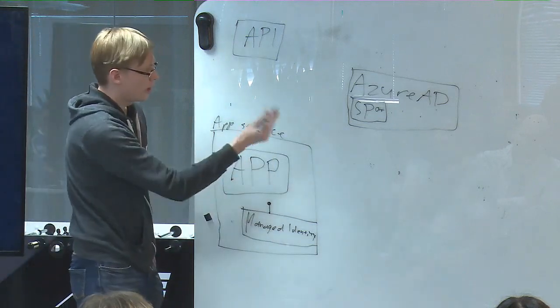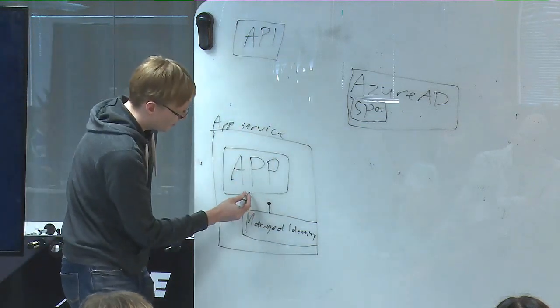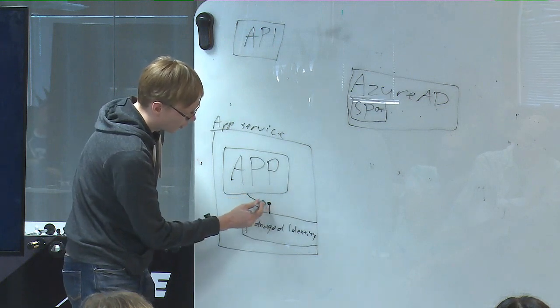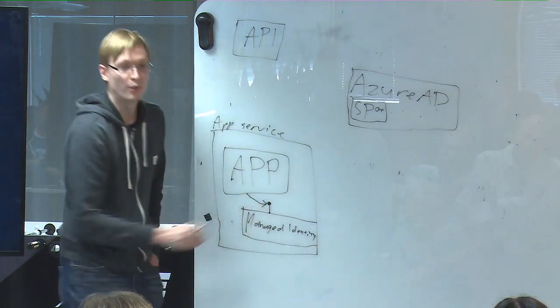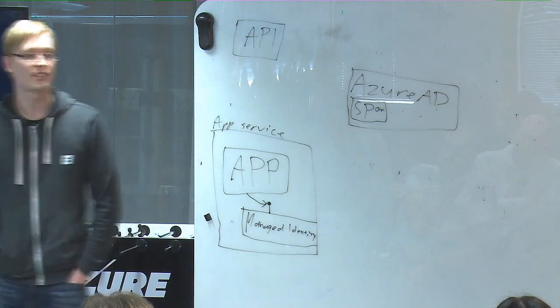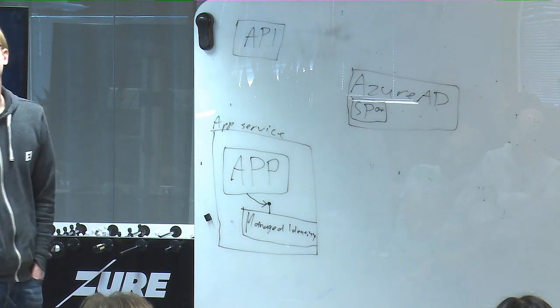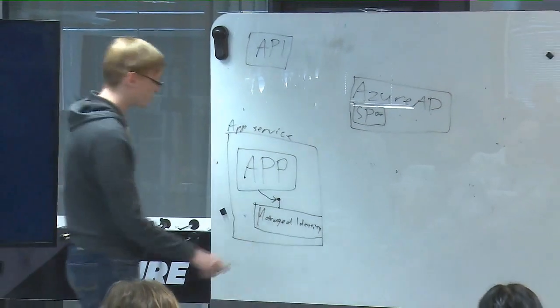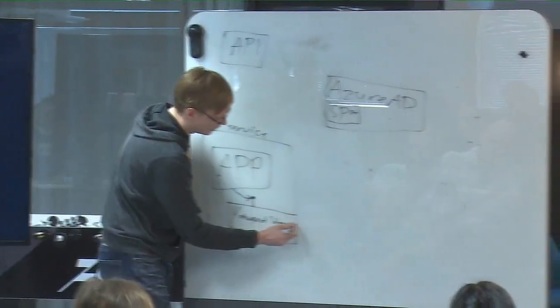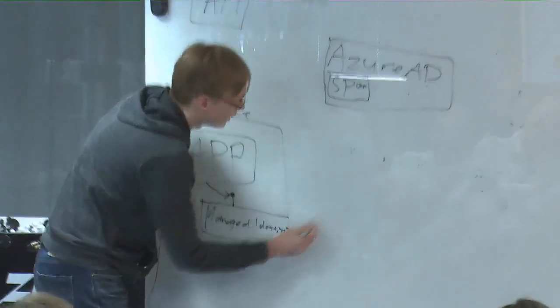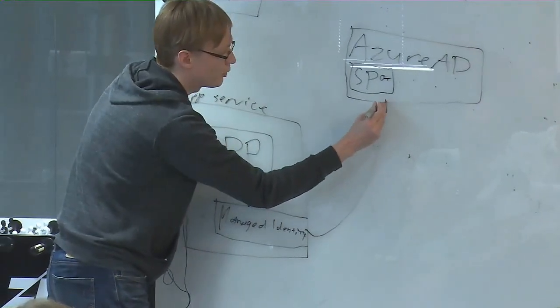So once you want to access that service, your app makes an HTTP call to this endpoint, saying that I want an access token for my API. You have to identify what you want the token for. And essentially what managed identity is doing in the background is asking for that token from Azure AD.